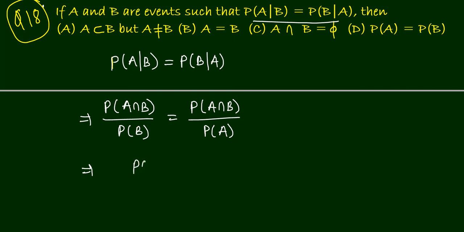So this implies the probability of B should be equal to the probability of A. Okay, so option D is correct in this question.